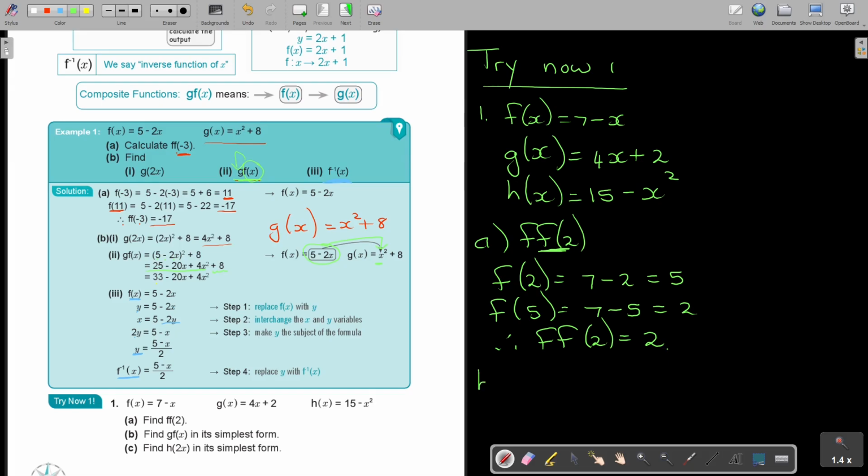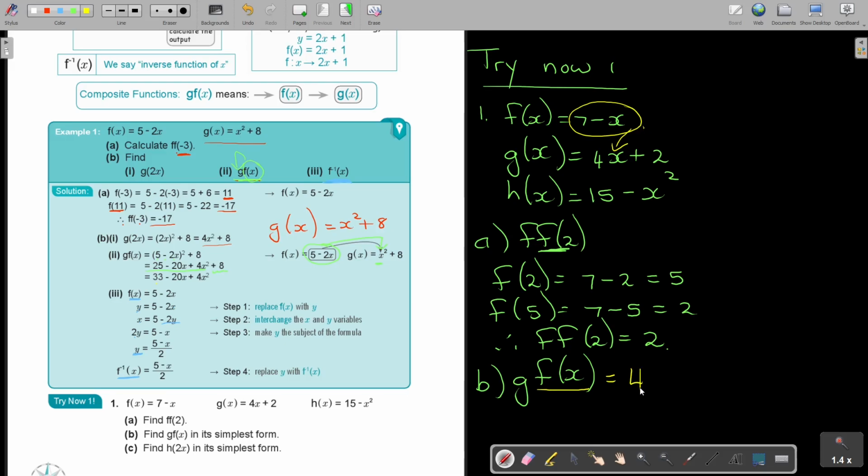Okay, let's go to number B. Find g(f(x)) in the simplest form. Okay, now I'm just going to show you. So start from the back. So I'm going to take f and I'm going to throw it in g there. So basically, you can just focus here on the yellow.